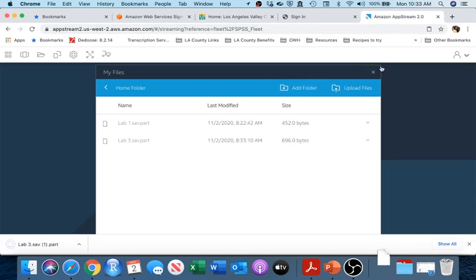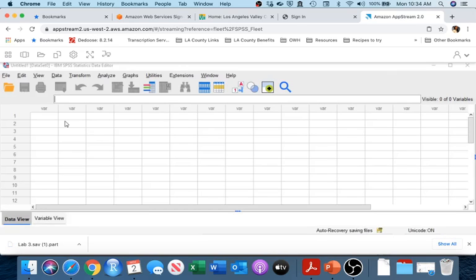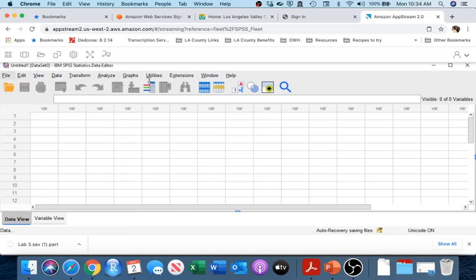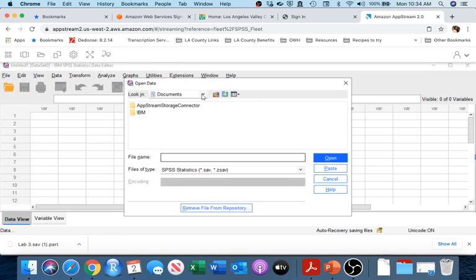Oh, sorry, no, that's not how. So in order to load it into SPSS, once you open SPSS, you press File and then Open, and then Data. We saved it in that home folder.